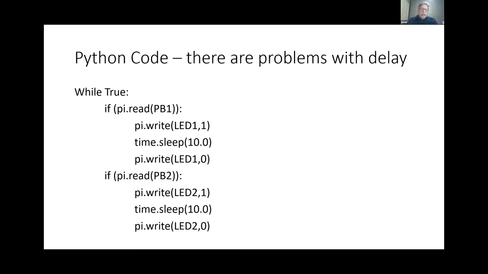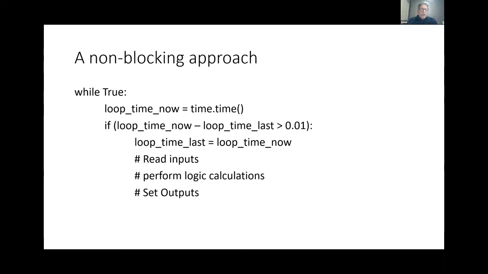So the way I get around that is I go this way. I run a loop and I call it loop time now. I read the time, look at the time now and take away the time that I last went around this loop, and say, if it's more than 0.01 seconds, 10 milliseconds, then do this operation.